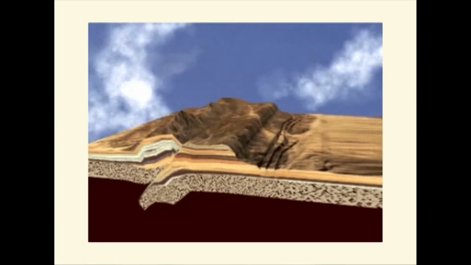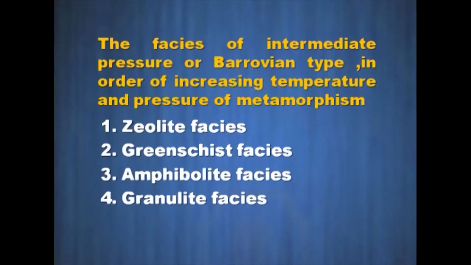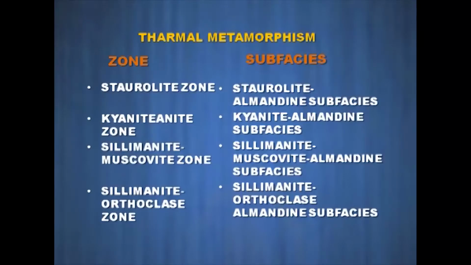The phases of intermediate pressure or Barrovian type, in order of increasing temperature and pressure of metamorphism, are first zeolite phases, second greenschist phases, third amphibolite phases and fourth granulite phases. Metamorphic zones and subphases.